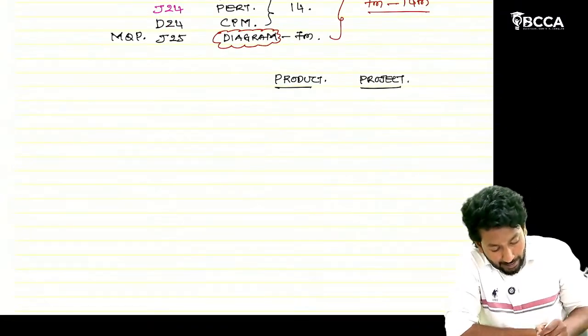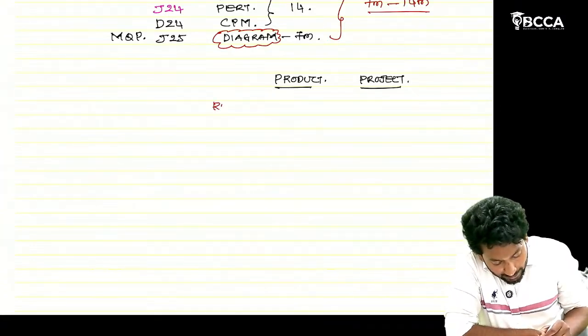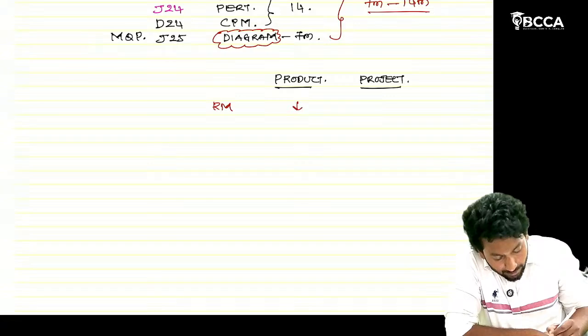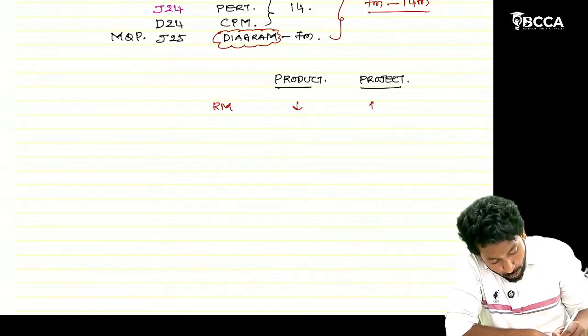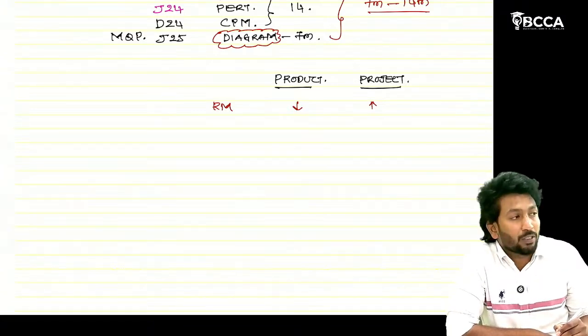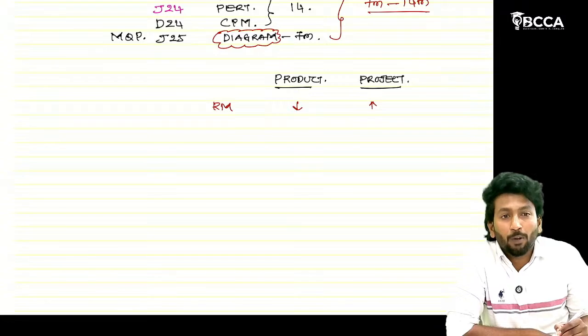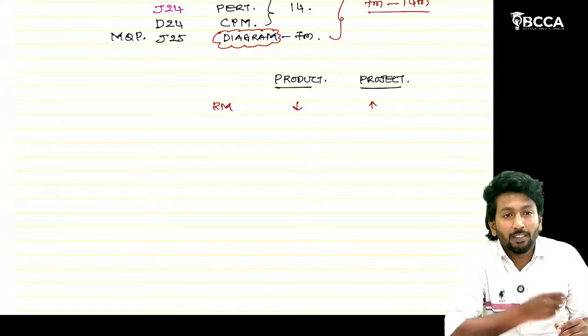So the difference is from resource and time point of view. A product takes less raw material, a project takes huge raw materials. Let us assume a huge construction project like the Polavaram project or Kaleswaram project. These projects need huge tons of cement, huge tons of sand and everything.